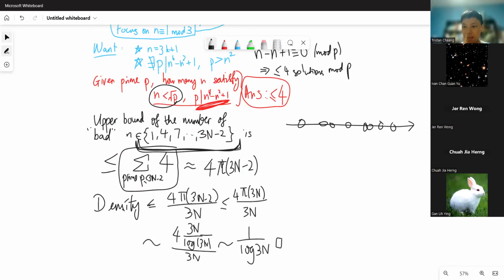That means there are infinitely many numbers that are not prohibited at all, because we just union the whole prohibited thing. Those numbers are what we want. And therefore, we've proven that there are infinitely many n such that this holds. Any questions?